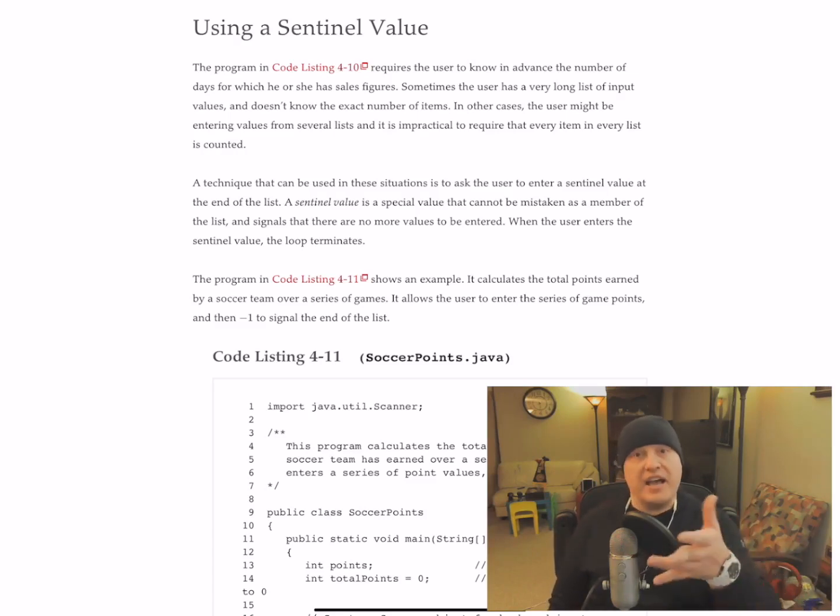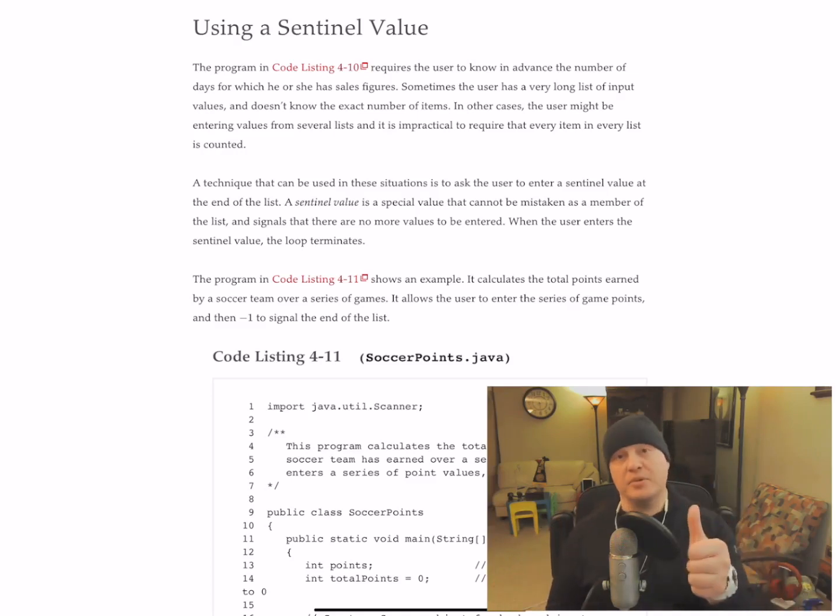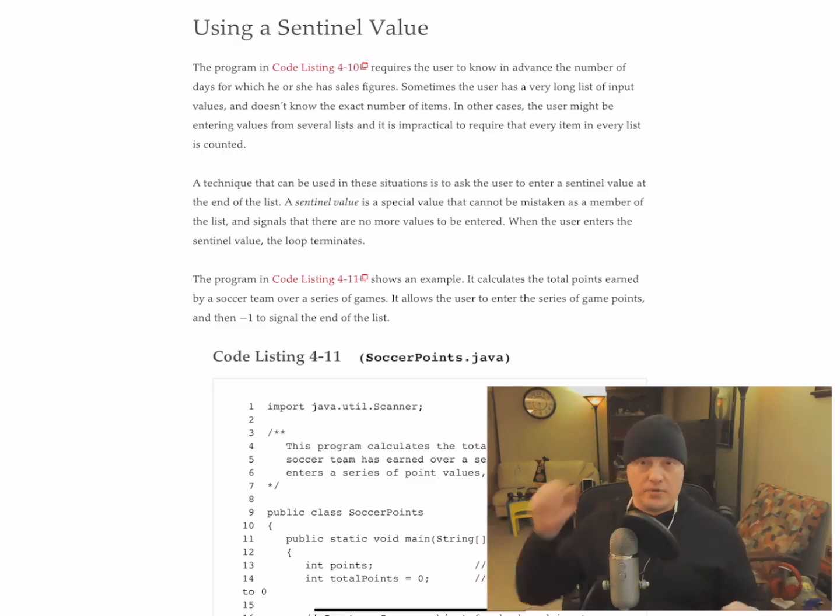I can't assign you asshole tax, right? No matter how terrible you might be, I cannot give you a negative for your grade point average. So -1 makes a fantastic sentinel value because it is outside of the range of possible numbers. It is outside of the range of probable numbers, and it is outside of the range of mistaken entry numbers.